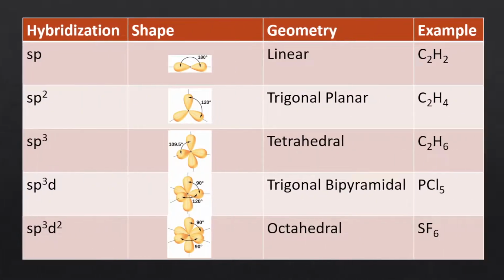For example, in acetylene, the 2s orbital of carbon combines with one of the filled 2p orbitals of the same carbon to form 2sp hybrid orbitals. The lobes of these 2sp hybrid orbitals are opposite to each other.